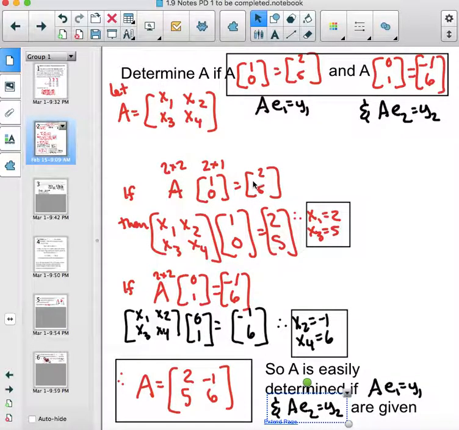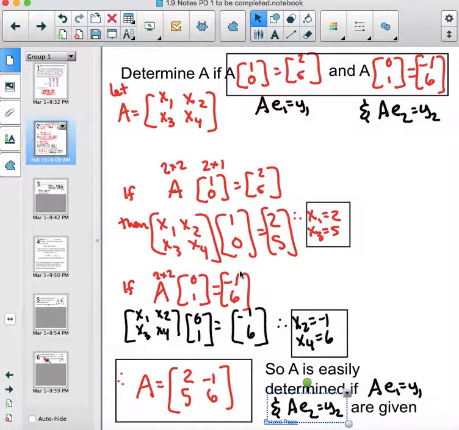So what we have is A times E1 has to be 2, 5, and so as you see, x1 times 1 plus 0 is 2, meaning x1 is 2. And x3 times 1 plus x4 times 0 is 5, so x3 is 5. Likewise, look up here, A times E2 is negative 1, 6.